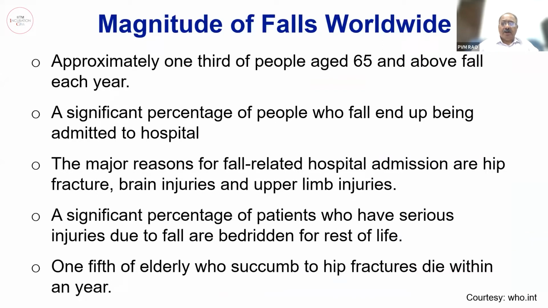It may be a very small fall to a very serious fall. And a significant percentage of people who fall are admitted in hospitals and also succumb to very serious injuries, particularly hip fractures and brain injuries. And some people end up being bedridden for the rest of their life.